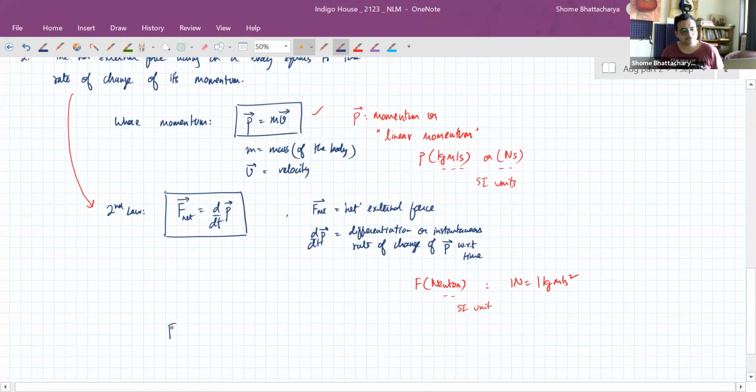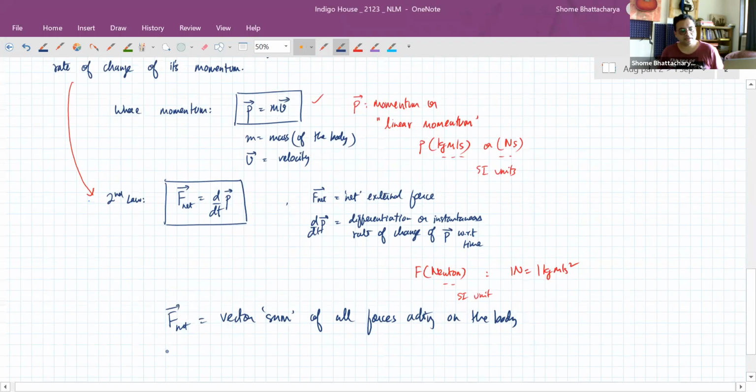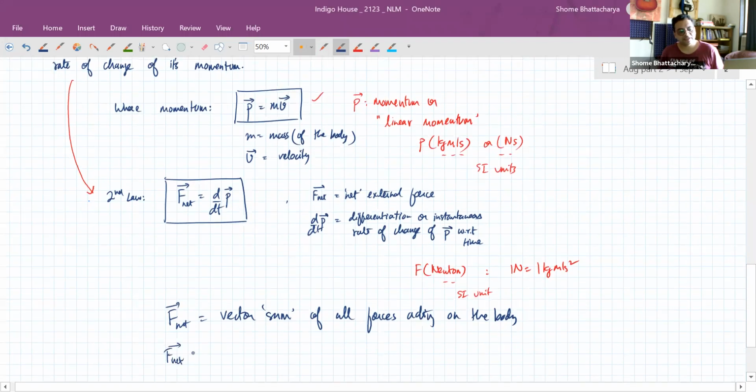So net external force is the vector sum of all forces acting on the given body. Suppose we have n number of forces acting, then we have to use vector algebra to add all of these, F1 plus F2 plus like this.